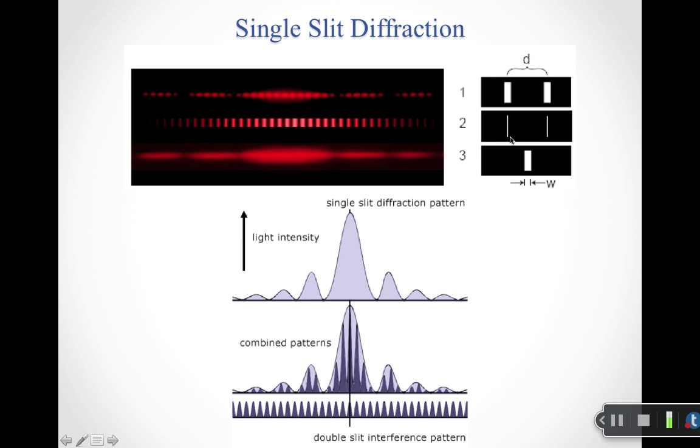But if I keep the same separation and make the slit width very narrow, I've pushed my diffraction pattern out wider. So the minima for diffraction now happen way over here with my much narrower slits, and it's not nearly as noticeable, so what I see is mostly the interference pattern here. Whereas here, I see the interference pattern on top of the diffraction pattern. So I can play with my parameters, the slit width and the slit separation, to change what's going on with my pattern.